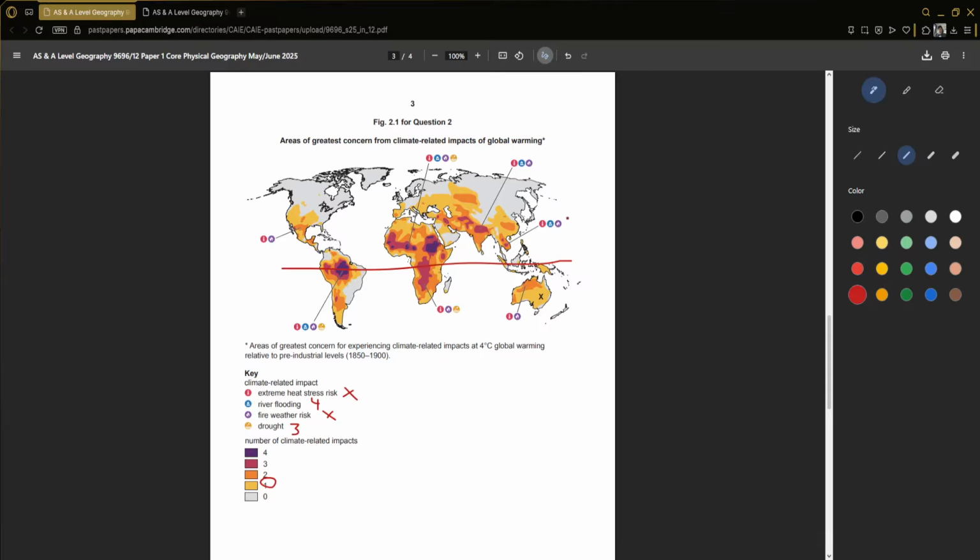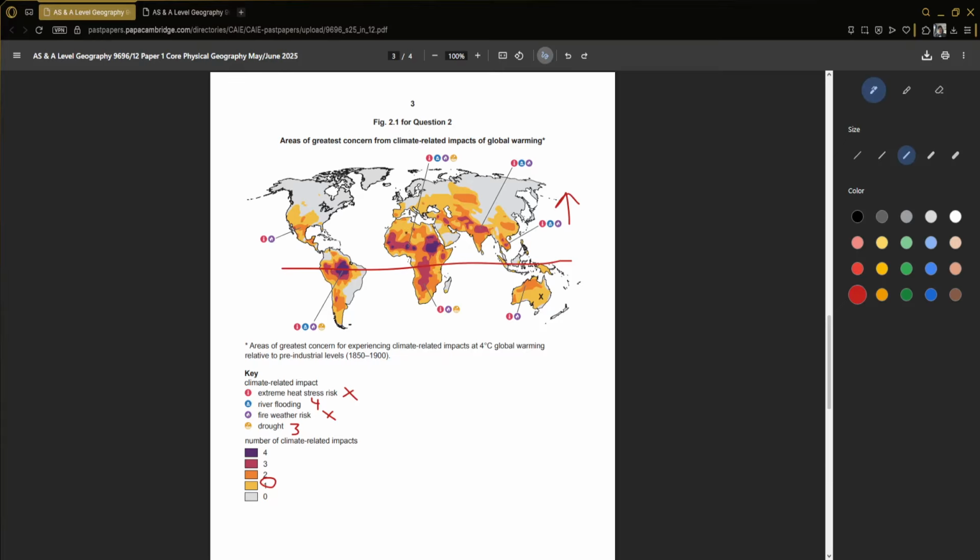When you move towards the higher latitudes, the atmosphere is much thicker, which means that there's more scattering of light, more heat is trapped by the greenhouse gases, and therefore there's less heat that is reaching around the northern hemisphere compared to the south, and therefore you have higher climate-related impacts closer to the equator.